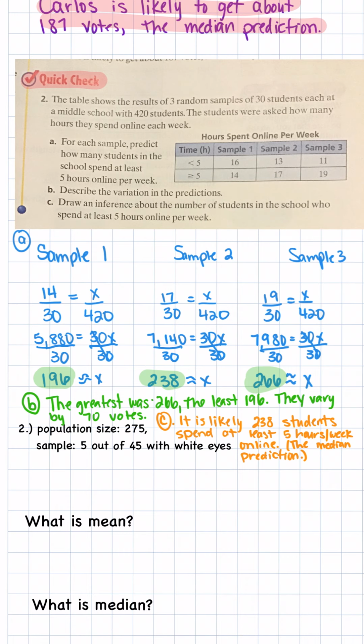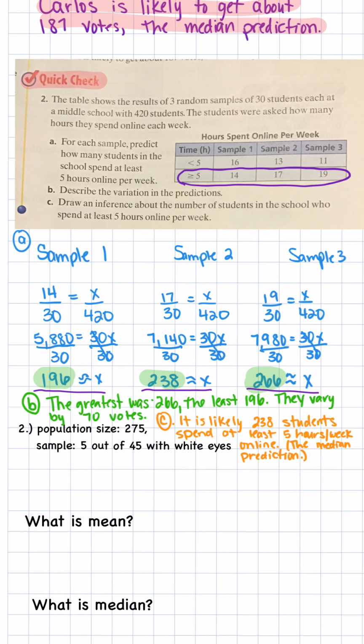So you should have got the 3 different predictions of how many students in the whole school would be using the computer online, and making sure you used these samples because this is 5 or more, and it said at least 5 hours.